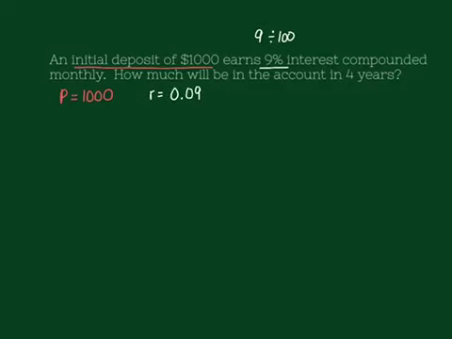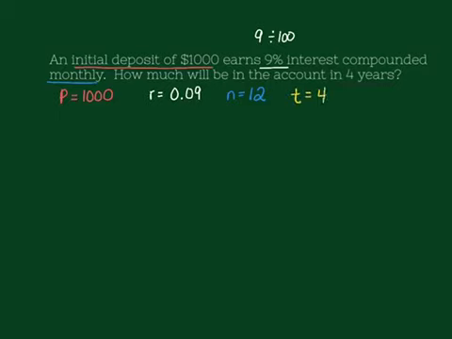So that's 9% as a decimal. And then it is compounded monthly, which means in 1 year, it would be compounded 12 times. Then we want to know how much will be in the account in 4 years. So T is equal to 4.